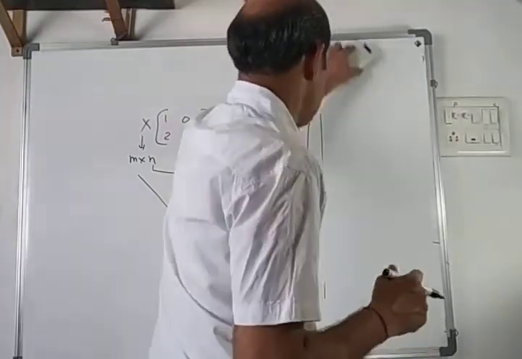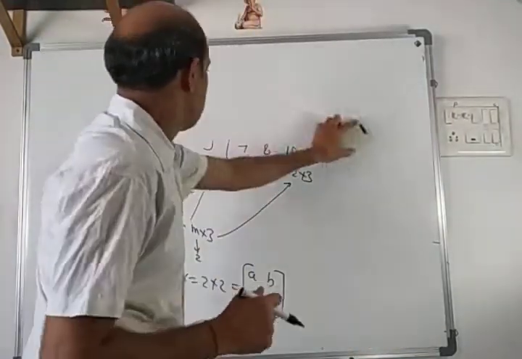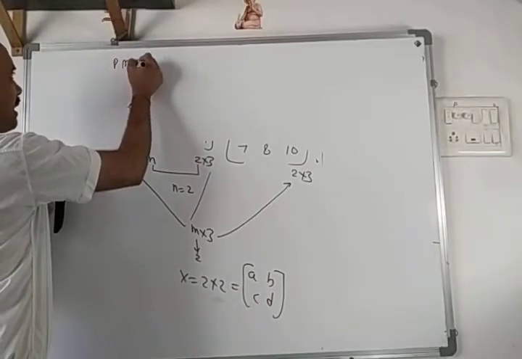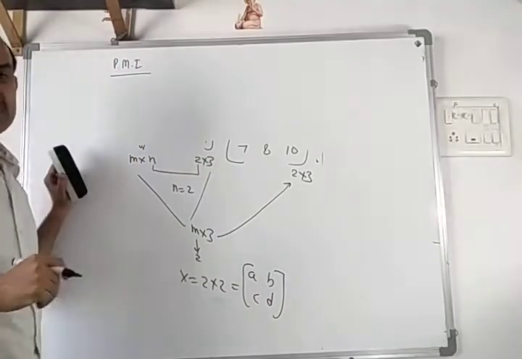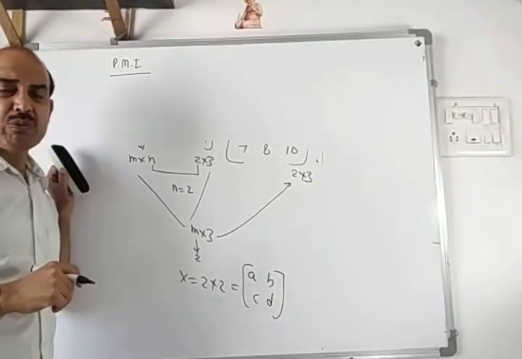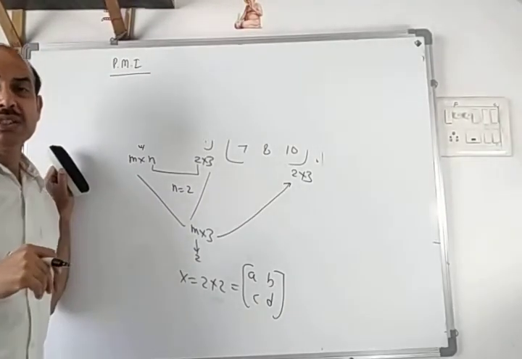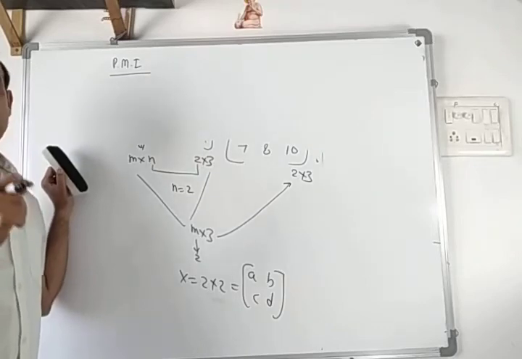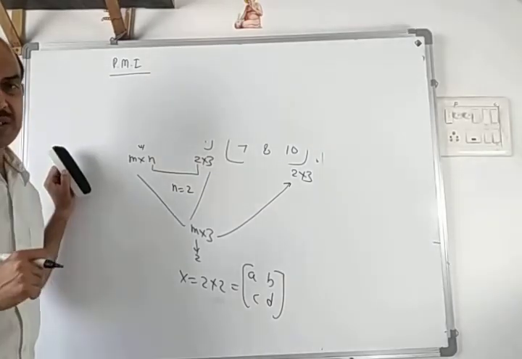Then there is a topic which is based on the principle of mathematical induction. Some questions are also given in the miscellaneous exercise of chapter 1, the matrix chapter, that is proving some results with the help of the principle of mathematical induction.